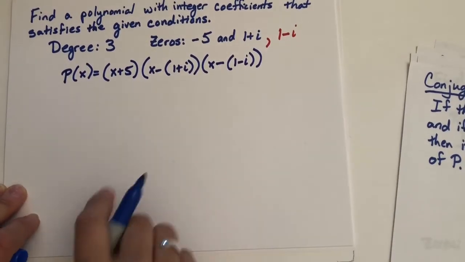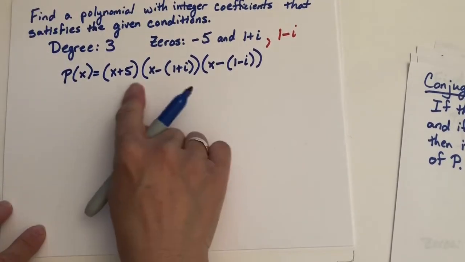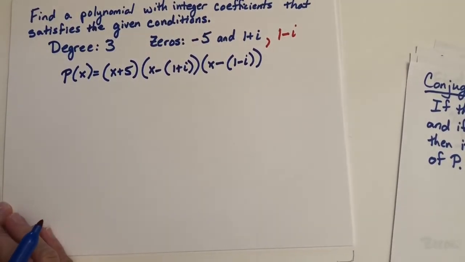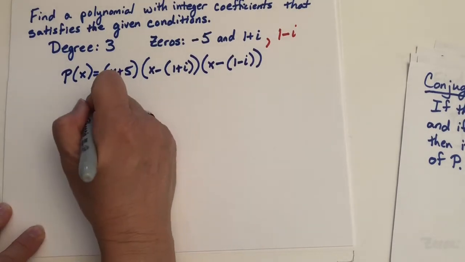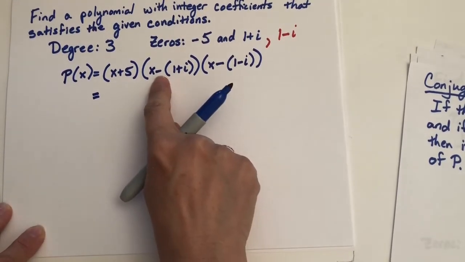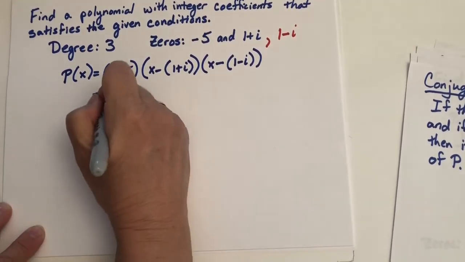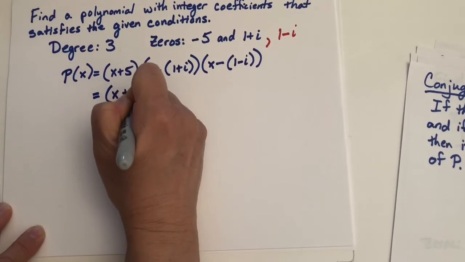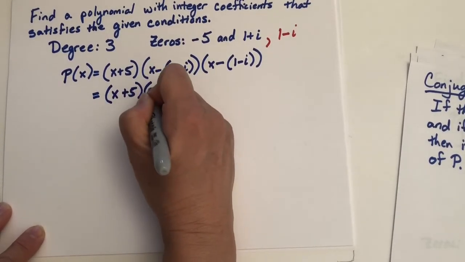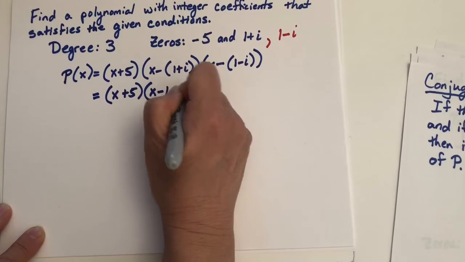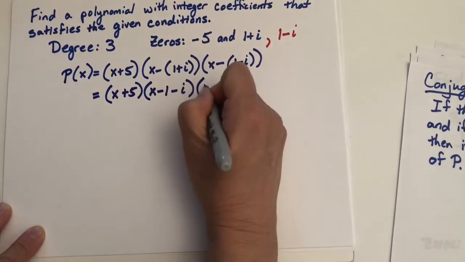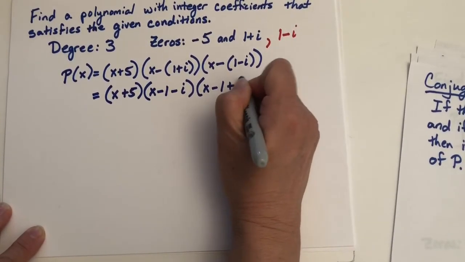Now it did ask for a polynomial with integer coefficients. We haven't presented the polynomial with integer coefficients. So let's do some multiplying. I'm going to distribute that negative first. So I have x plus 5 times (x minus 1 minus i) times (x minus 1 plus i).